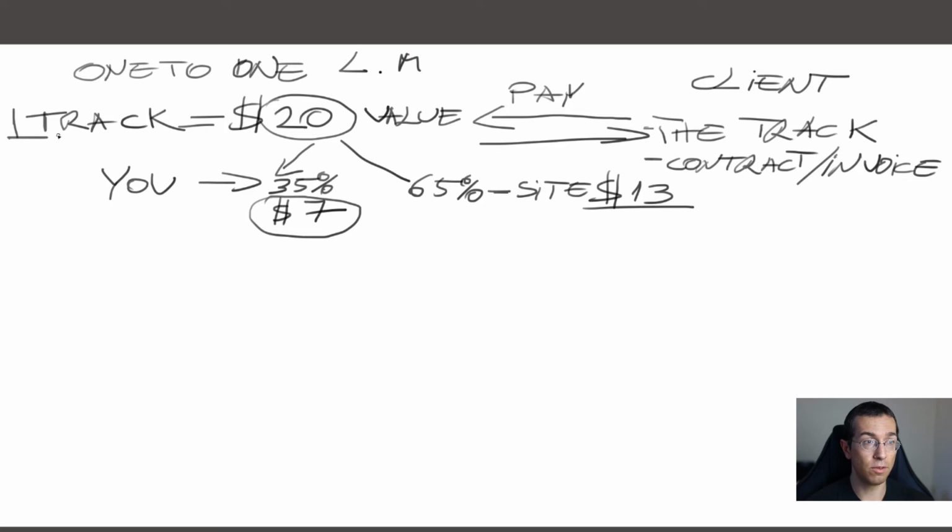So for every track sold on these platforms that practice this one-to-one or per track royalty-free licensing deal, you get this kind of amount. That depends on the price of your track, of course, but this is a very simplified deal.